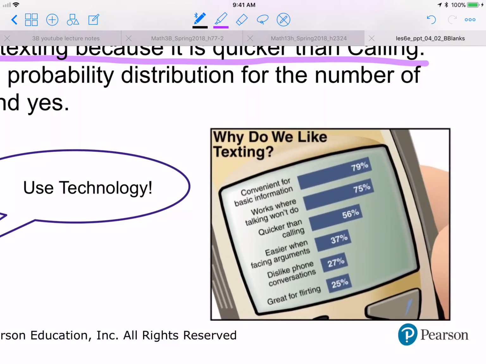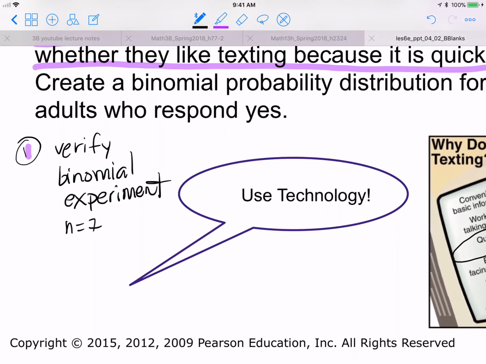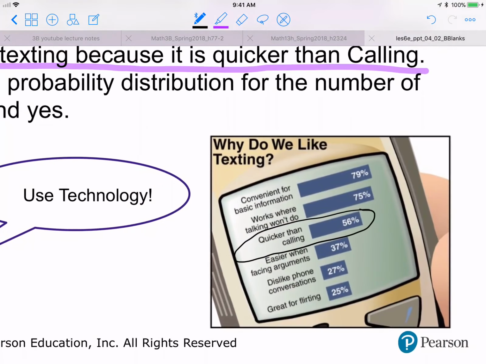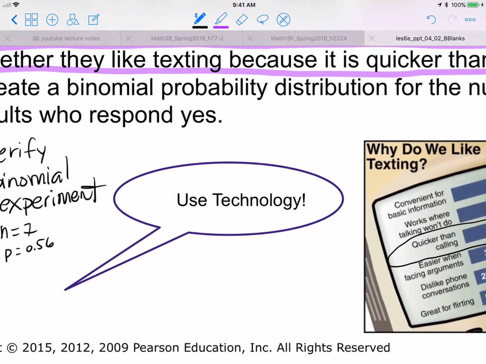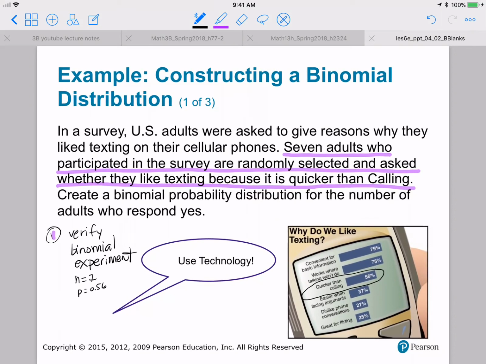So why do we like texting? Here we go. Quicker than calling. 56% of people said because it is quicker than calling. So that is our P. Our P is going to be 0.56, because what's the probability that you like texting because it's quicker than calling? 56%. Okay.